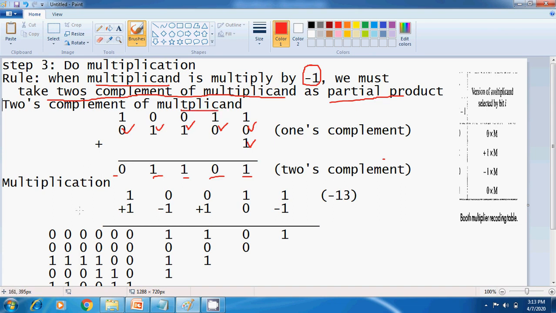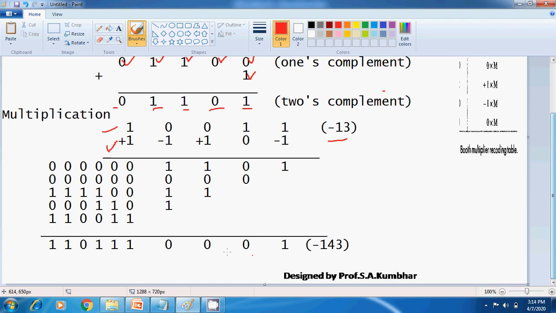Now let us go for the multiplication. In the multiplication, multiplicand is minus 13. The binary representation is written here, and here you have to use the recoded multiplier. The very first bit is minus 1. So whenever I multiply by minus 1, I must take the 2's complement of the multiplicand, which is already calculated here.